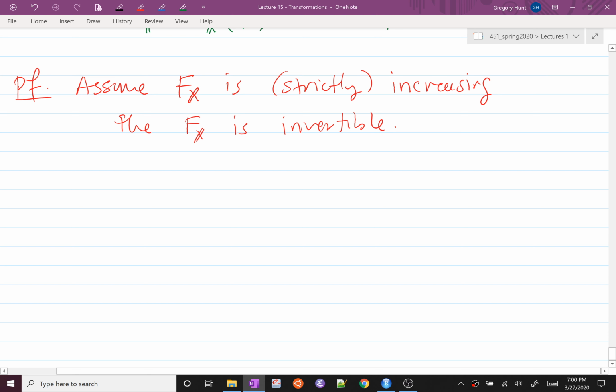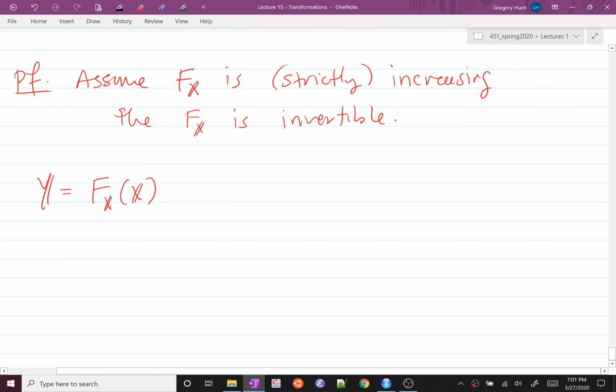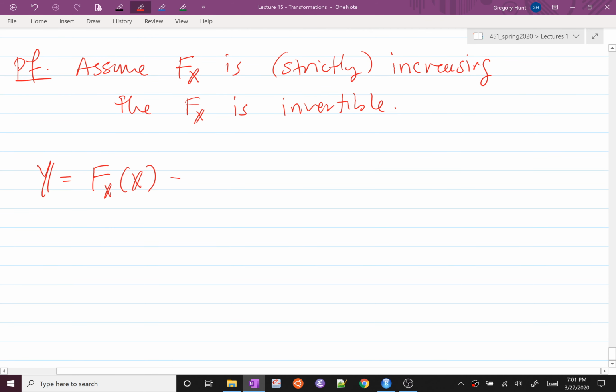Okay, so what we want to say is Y, our random variable, is F_X of X, and we could write this as g of X, where our function g is just F_X and is invertible.